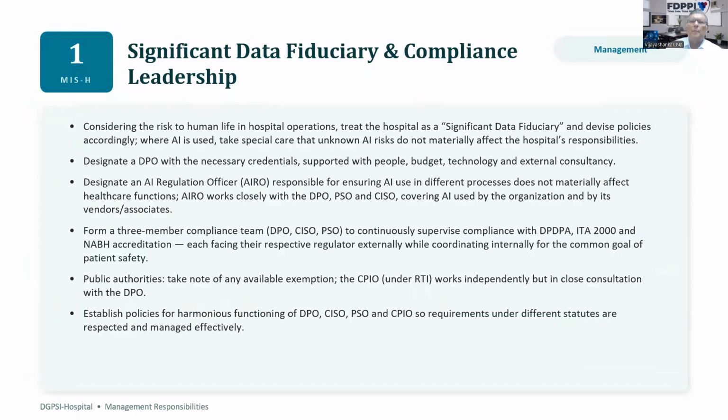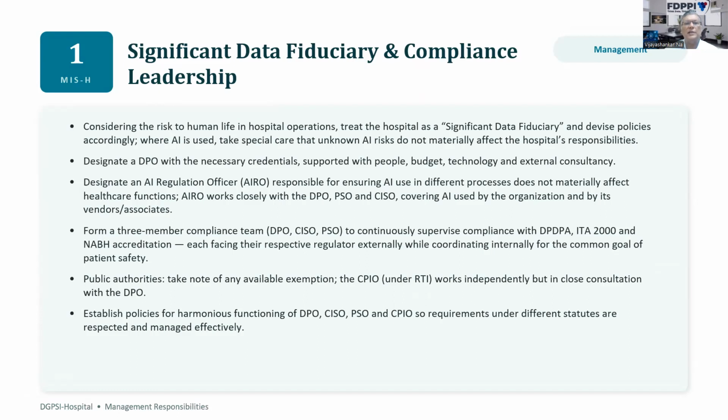Now, the first specification is that the management has to take certain preliminary decisions, one of which is whether the organization is a significant data fiduciary. So the first specification says, considering the risk to human life in hospital operations, treat the hospital as a significant data fiduciary and devise policies accordingly.